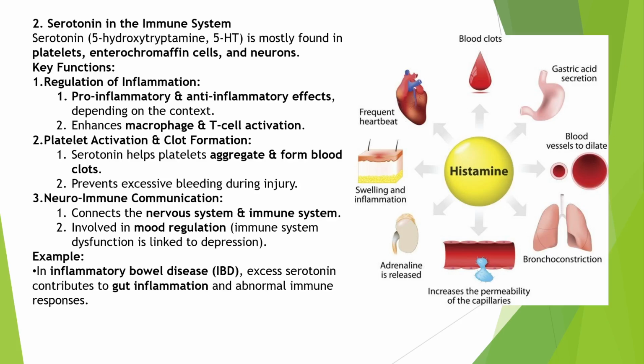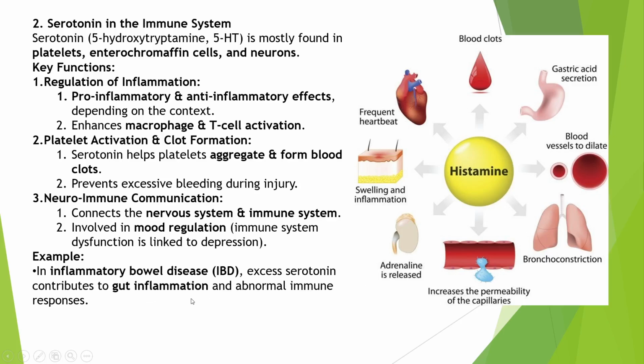This is a very painful condition where your gut, your GI tract, will have inflammation, even to the smallest trigger that can happen. The smallest level of spice can affect your system. So inflammatory bowel disease is also due to your immune system, that is your excess serotonin.